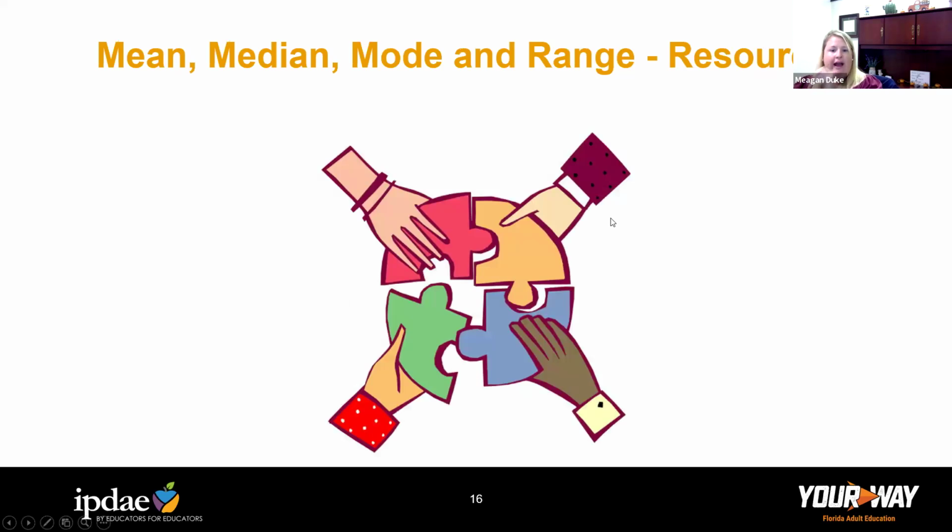All right. So as we were going through range, median, mode, and range across the different subject areas, was there any other resources, any other suggestions, things that you thought might be helpful for students when providing instruction?